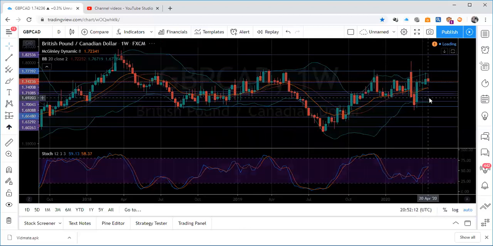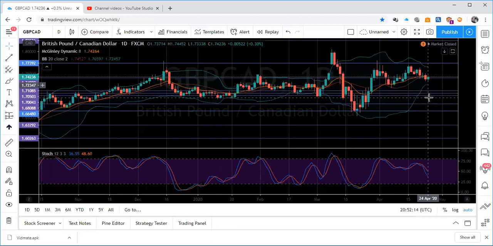Let's look at the daily to look at what we most likely will be doing. Basically, based on price action, I expect price to come into the support at 1.7110, no, 1.7120 area.